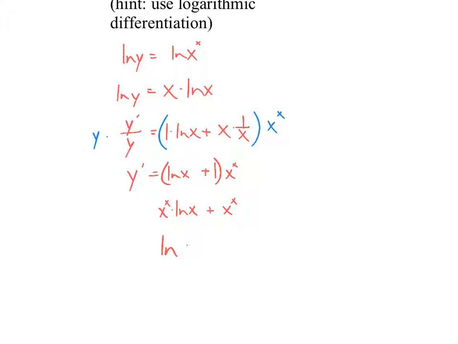And that'd be ln of x to the x to the x. Oh, yeah. That looks fun, doesn't it? But I wouldn't do that. Just because you can doesn't mean you should. Anyways, you could go ahead and do that though.